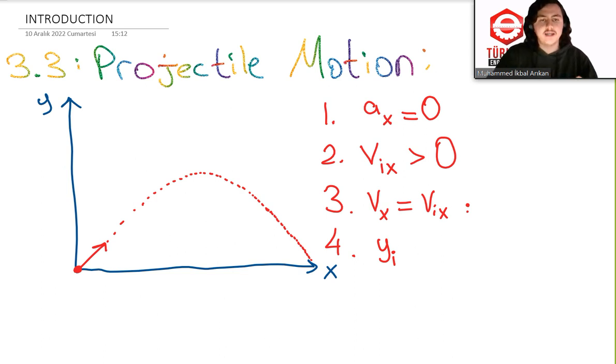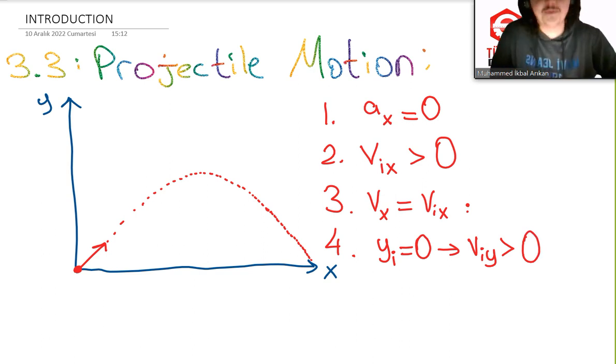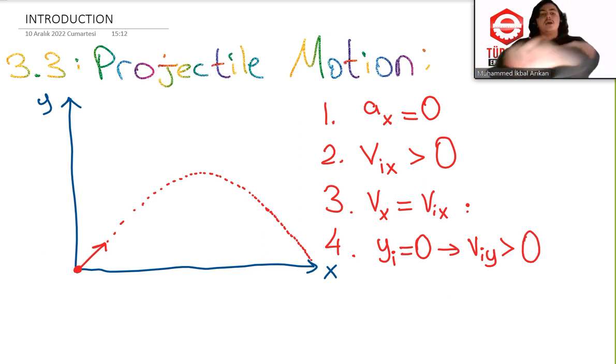If your initial height equals 0, then the initial velocity in y must be bigger than 0. Why? I will explain so you will understand. If my initial position is 0 in this case, and there is no velocity in y, actually I will slide in the x-axis.